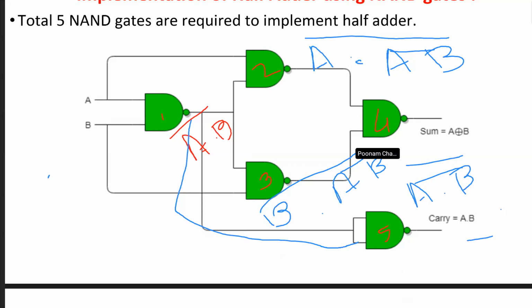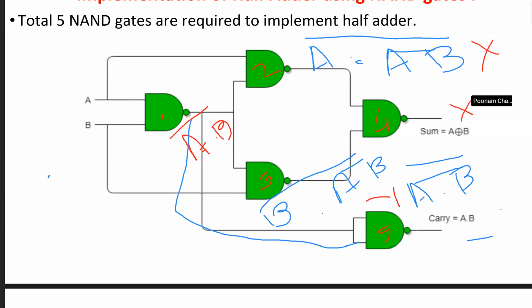And then you write for the final one. What you can do is you can take this as X, you can take this as Y, and then here it is NANDing.